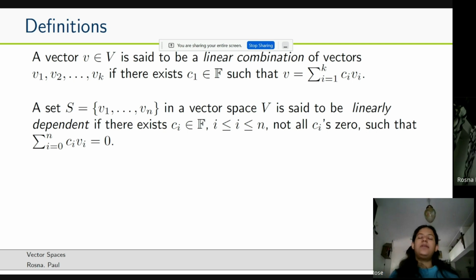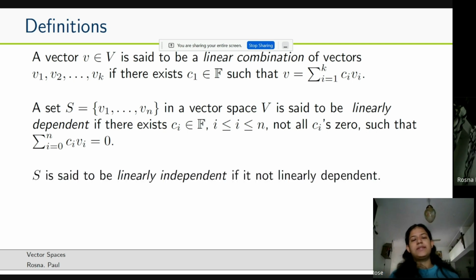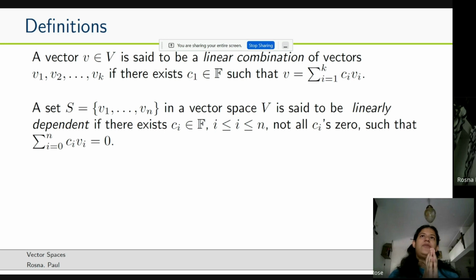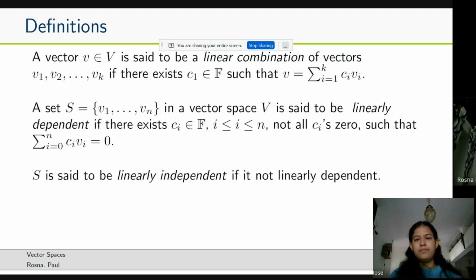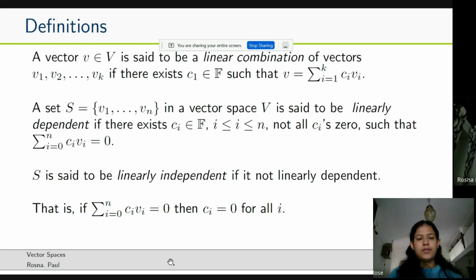In other words, if you have a collection of vectors, then they are linearly dependent, which means that one of the vectors can be written as the linear combination of the others. And if this is all 0, then they are called linearly independent. So if something is not linearly dependent, then it is linearly independent. So that is the condition.